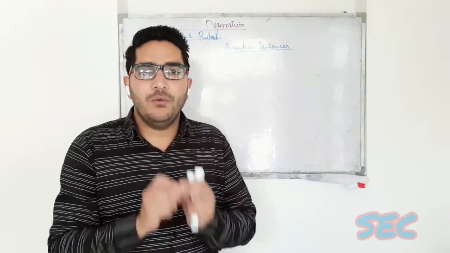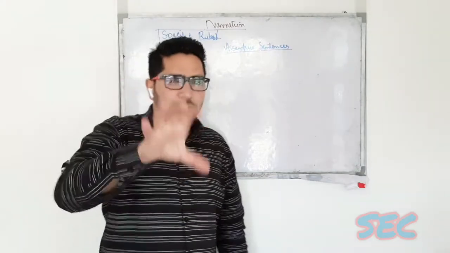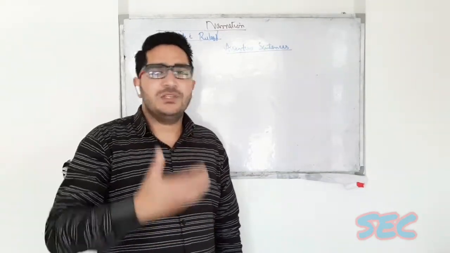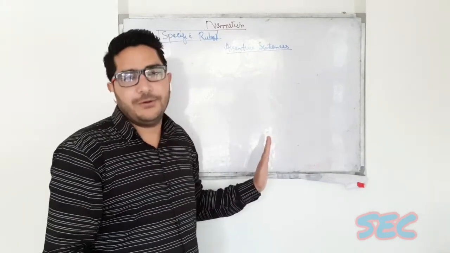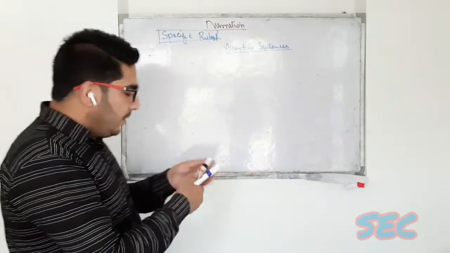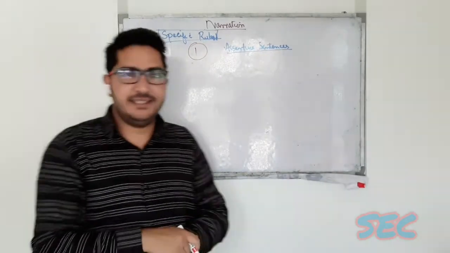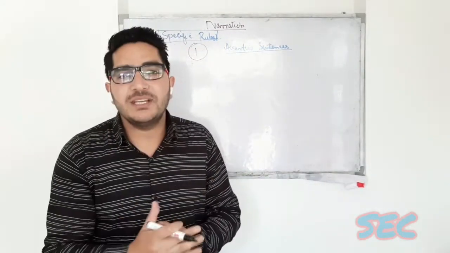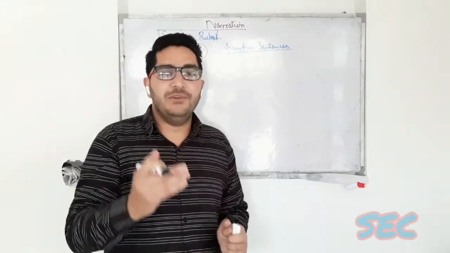Till now we were doing general rules which are followed everywhere, but now we will start with specific kinds of sentences, and we'll start with the first kind, that is assertive sentences. We'll see how these assertive sentences are changed into indirect speech.